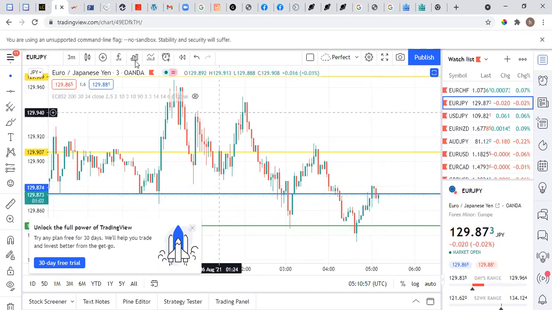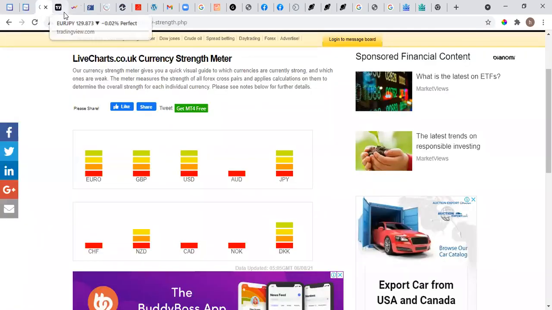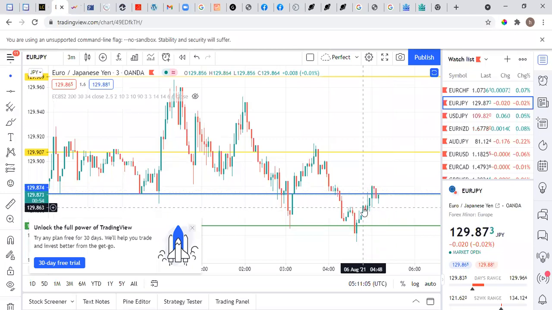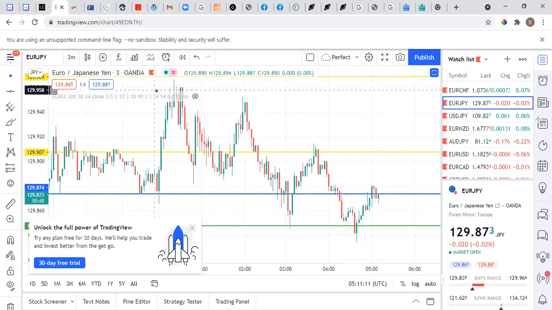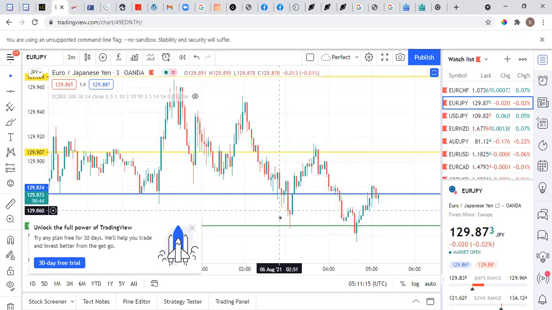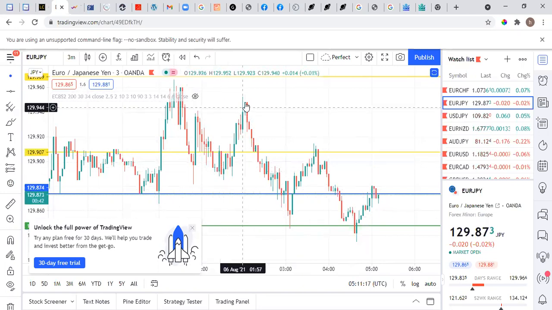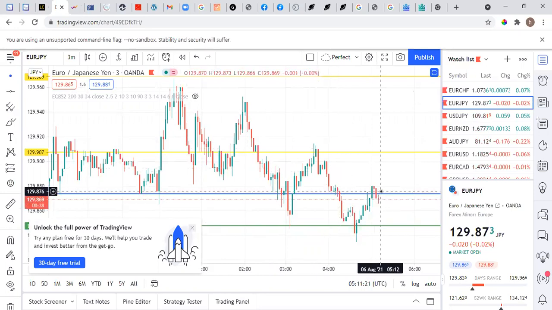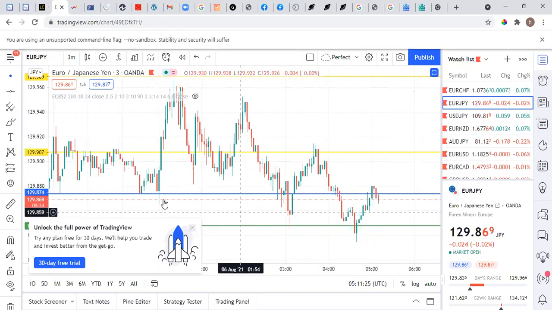None of them is stronger; they have the same strength, so that's why they're just consolidating here. JPY was strong for a while here. You can see that this has been a downtrend. It comes up and resets, and that's what has been forming. But I think they are now of equal strength.